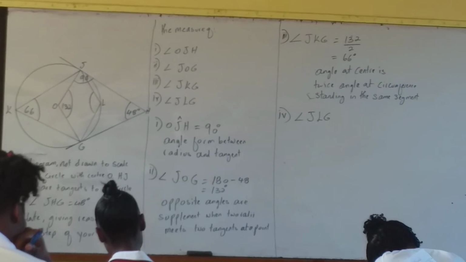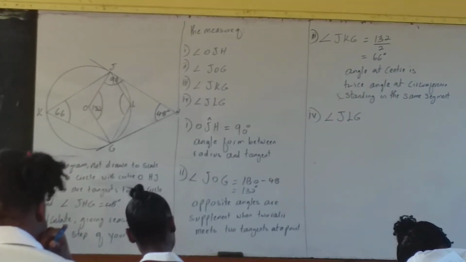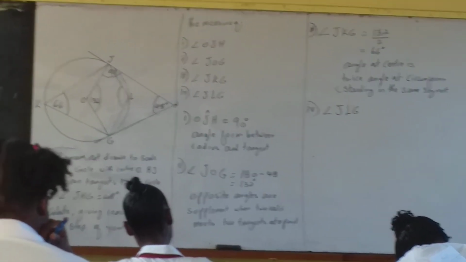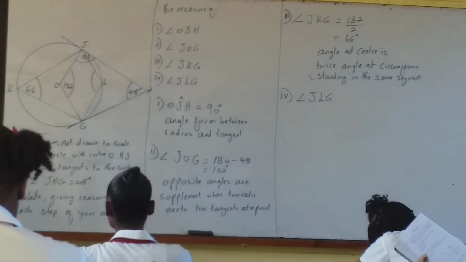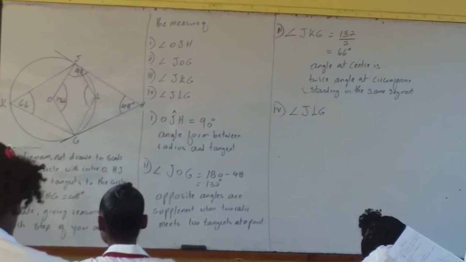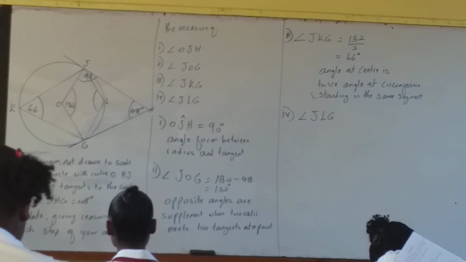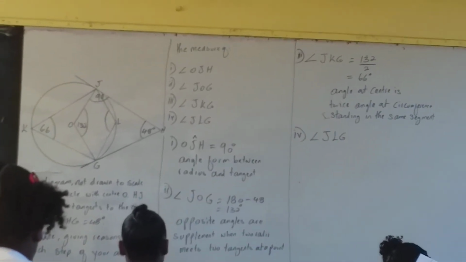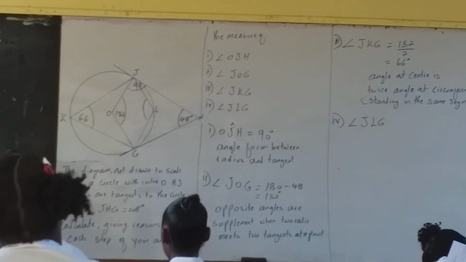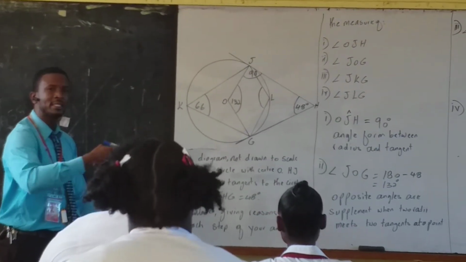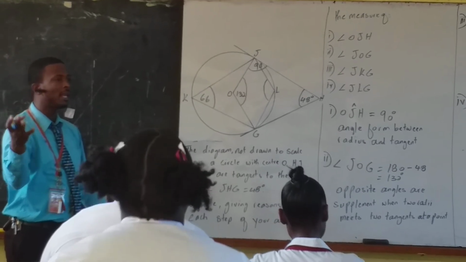No. So we have to be careful. Look closely at the shape within the circle. What kind of shape are we seeing within the circle? Which has 4 sides. So therefore it is a cyclic quadrilateral.